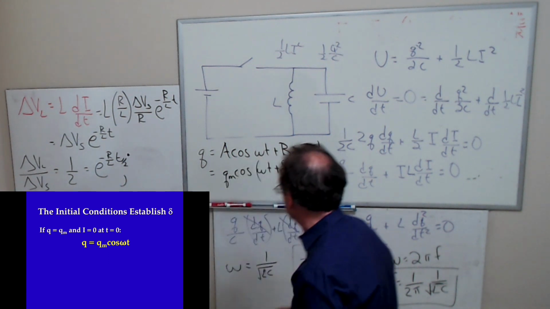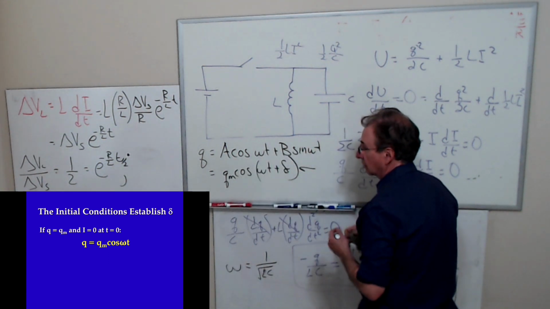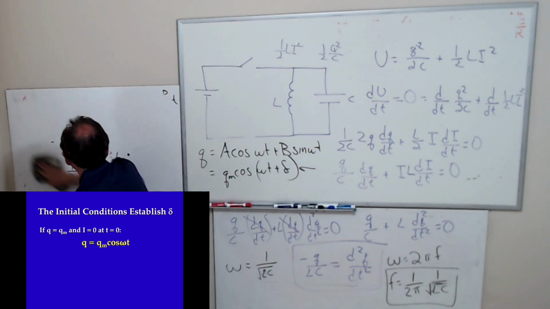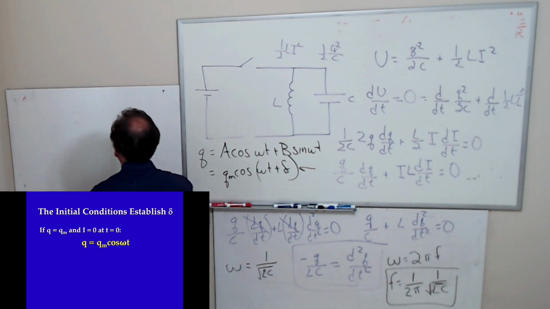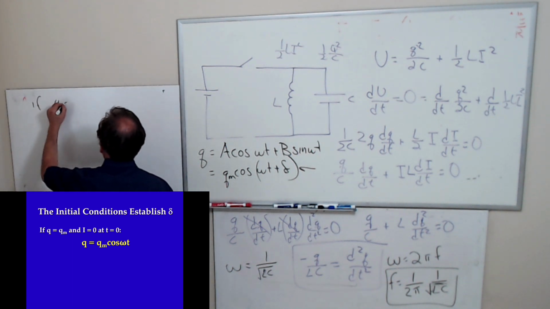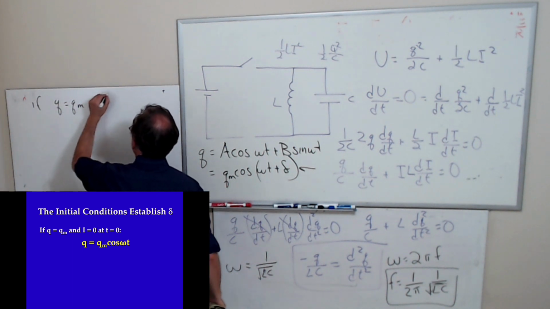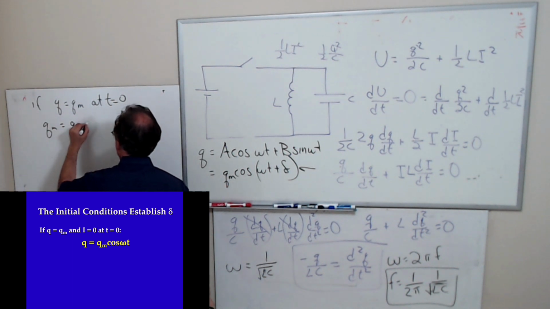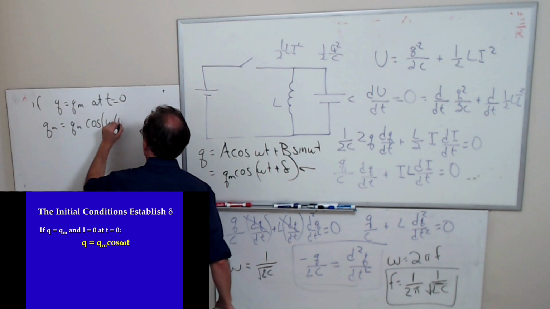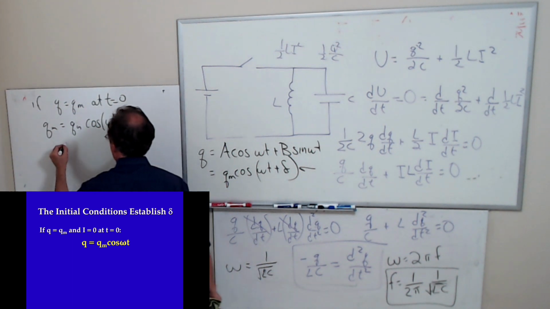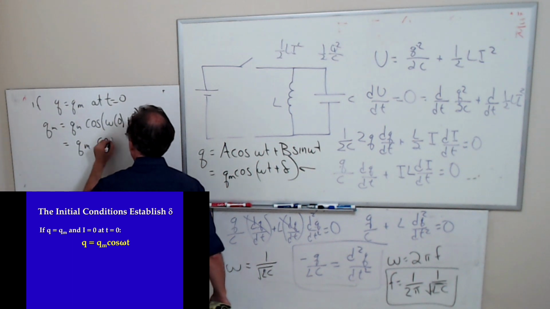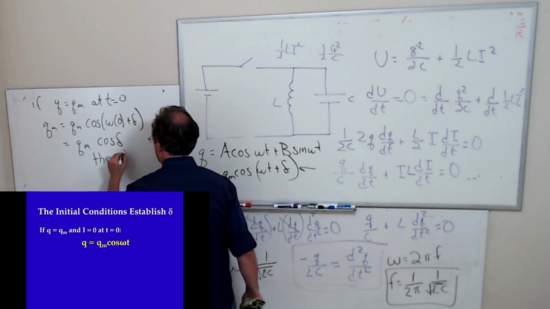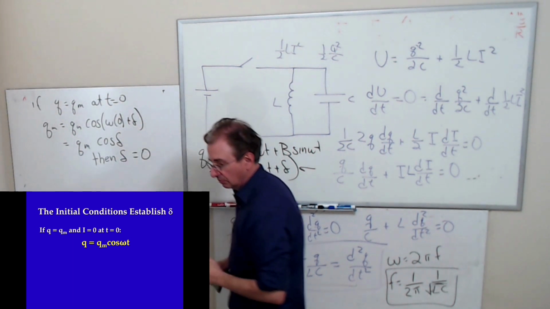I mean, think about it. If I put t equals 0 here, if Q equals Q max at t equals 0, then delta must be 0.